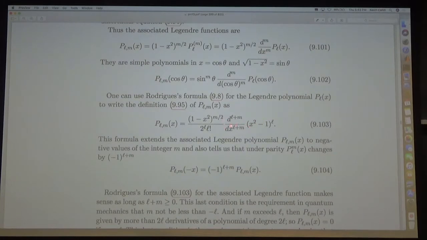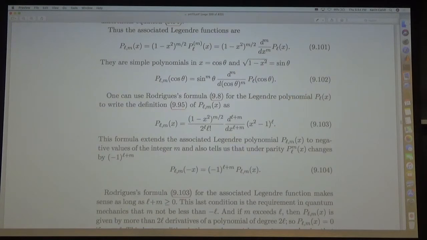Namely, the L plus mth derivative of x squared minus 1 to the L, multiplied by 1 minus x squared to the m over 2, and then we divide by the factor that appeared in the original Rodrigues formula. This Rodrigues formula also extends the associated Legendre polynomial to negative values of the integer m.